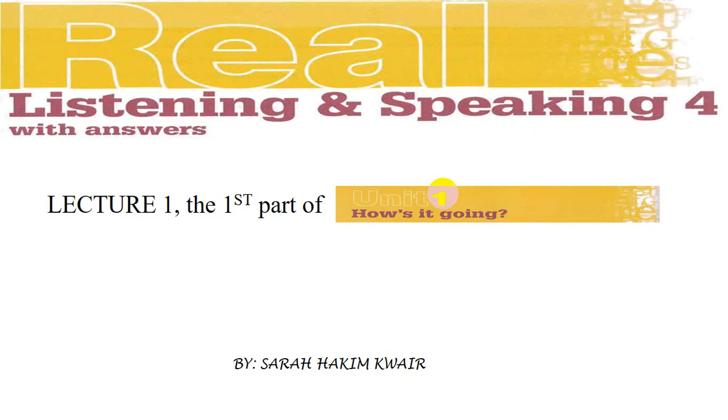So today we are going to have our first lecture, which is Unit 1, How It's Going. Your book is divided into 4 sections. In this course we will take social and travel, and the next course will be work and study.